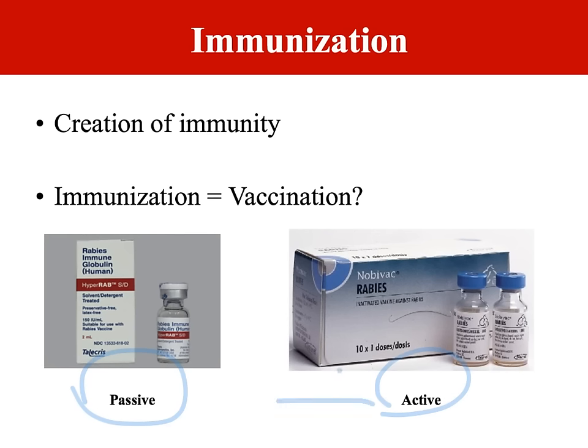In this case, you give this to somebody who's got a high risk of exposure to rabies, somebody like a veterinarian. In this case, you give this to somebody who has been bitten by an animal and you suspect that they have had rabies exposure.